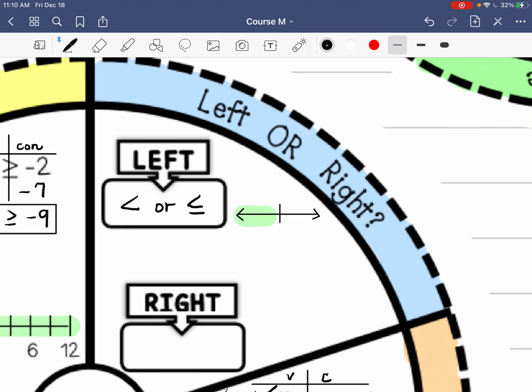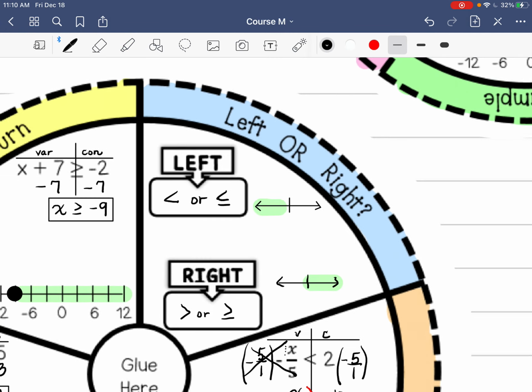If the sign is pointing to the left, you shade to the left. If the sign is greater than or greater than equal to, you're going to shade to the right. So they're just wanting us to focus on which direction we need to color.